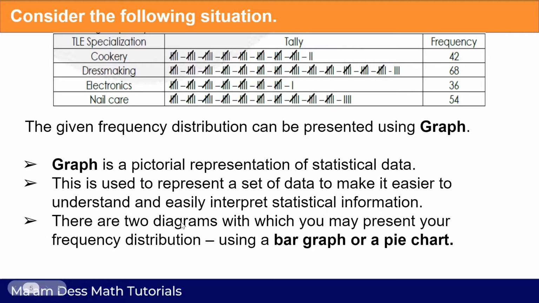There are 2 diagrams with which you may present your frequency distribution: a bar graph or a pie chart. This table can be represented with the use of a bar graph and also a pie chart.